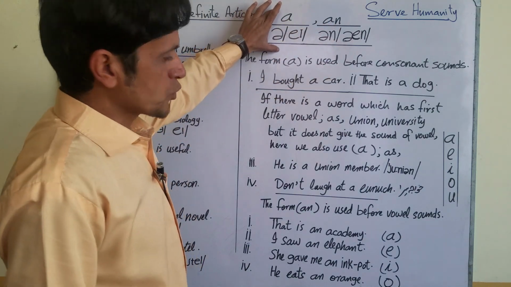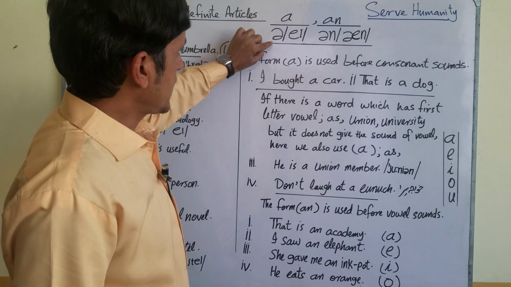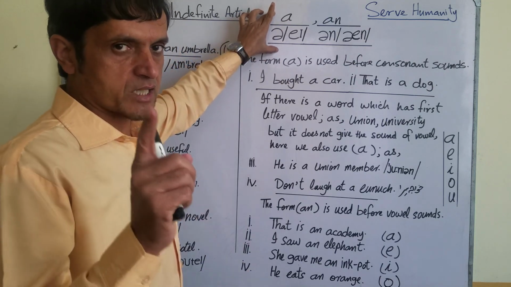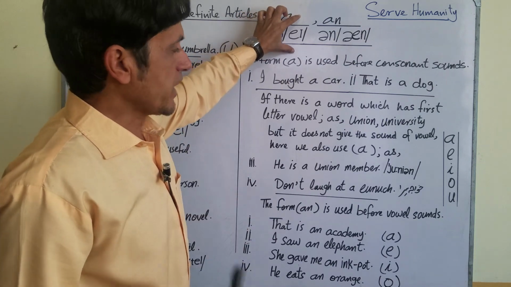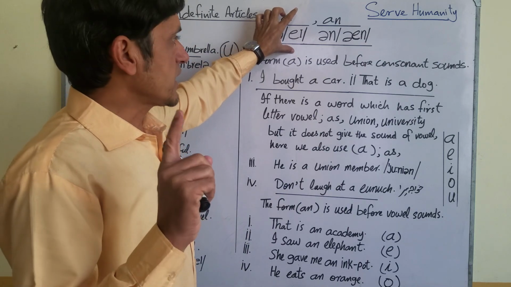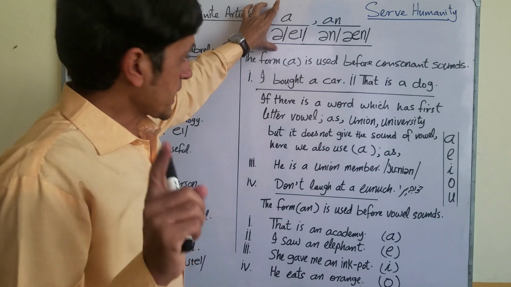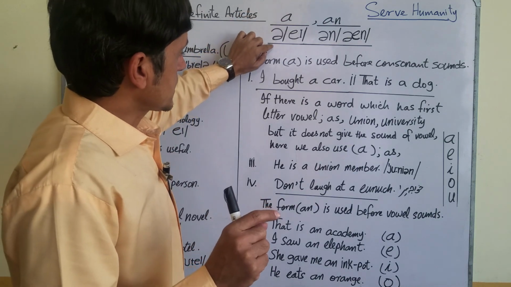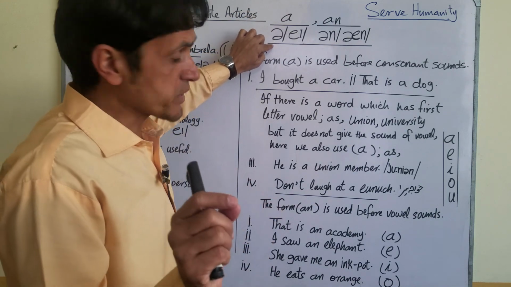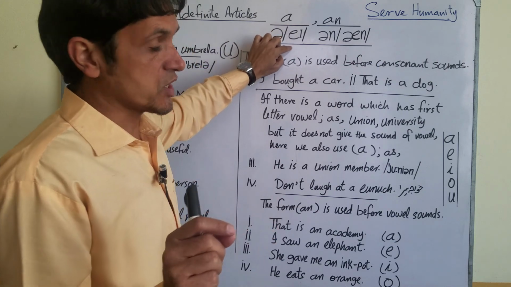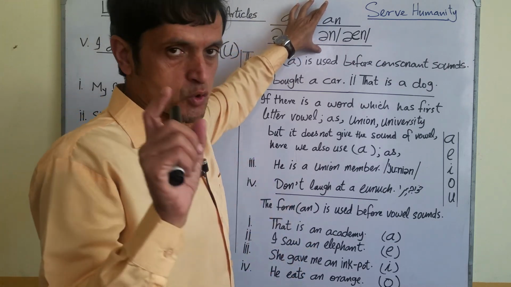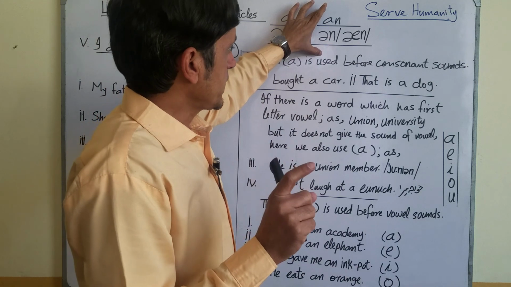First of all, it has two pronunciations. A, for example, you can say a dog, a cat. Both of them are correct, and this is called weak or normal pronunciation, and this is strong pronunciation. Likewise, an also has two pronunciations.